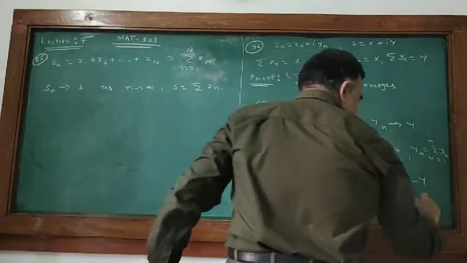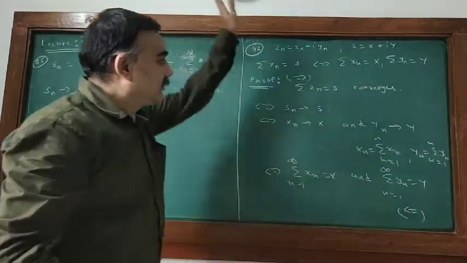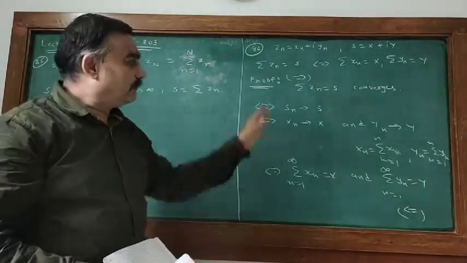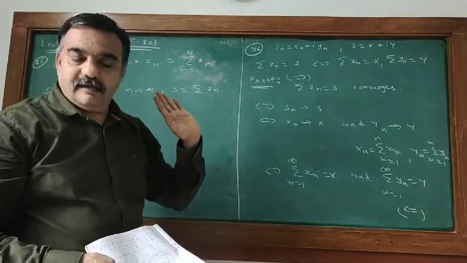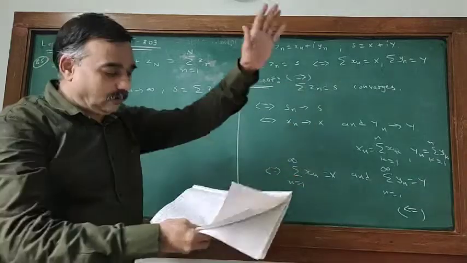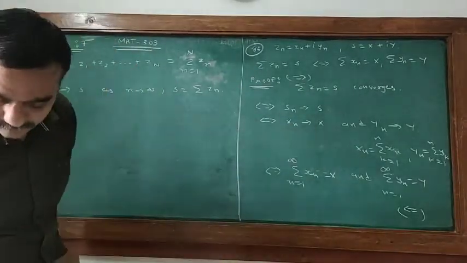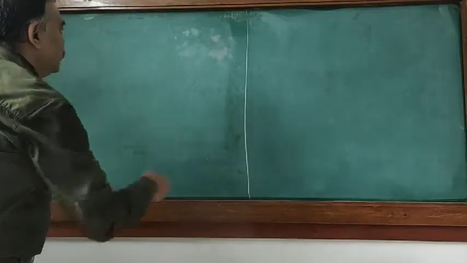If you go the back way, you will prove the reverse. So in both ways this is true. But whenever you are asked the same question in the exam, you have to go through as per my notes. Clear? Okay.